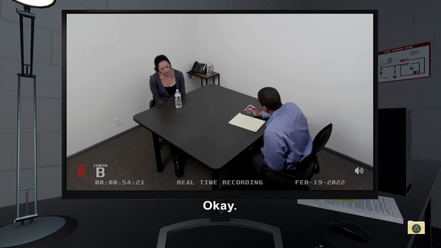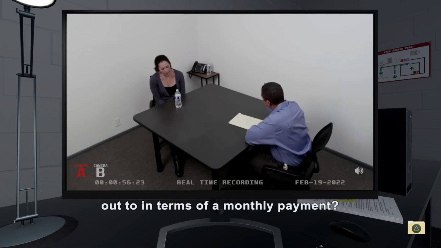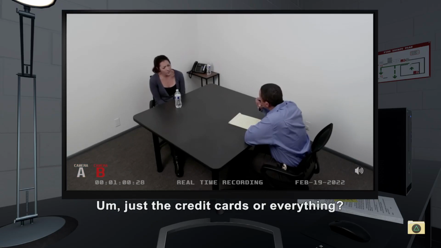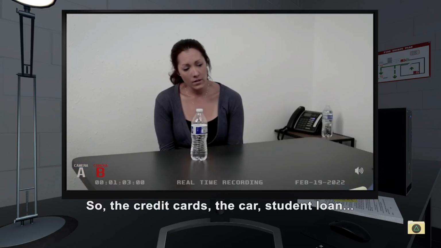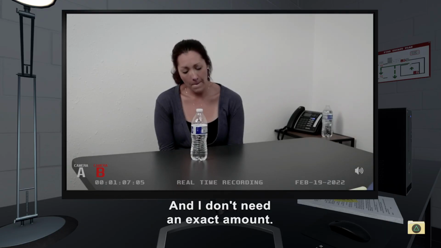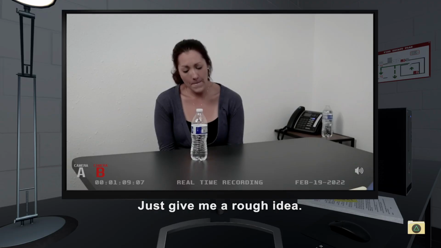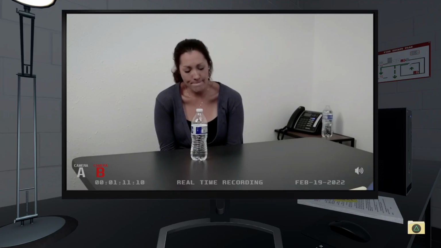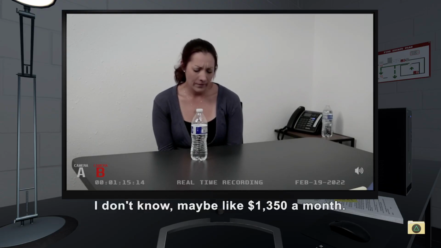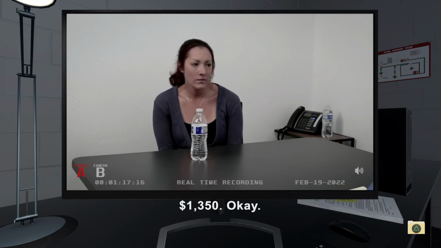Okay. What does that work out to in terms of a monthly payment? Just the credit cards or everything? Everything. So the credit cards, the car, student loan, and I don't need an exact amount. Just give me a rough idea. I don't know, maybe like $1,350 a month. $1,350.